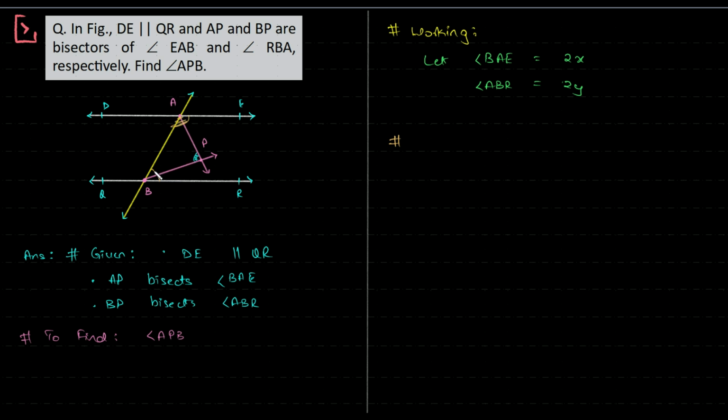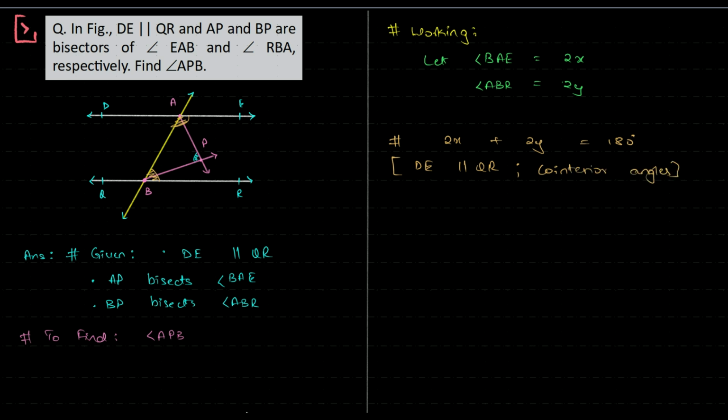What about these two angles? What's so special about these two angles? I can tell 2x plus 2y is equal to 180 degrees. How is that possible? Well, the reason is this. DE is parallel to QR, and these two angles are co-interior angles.